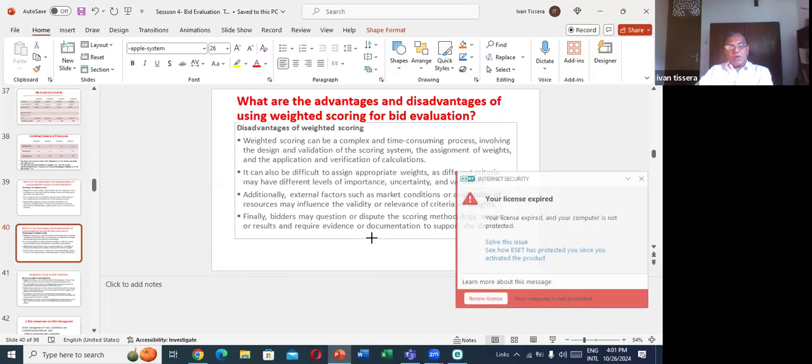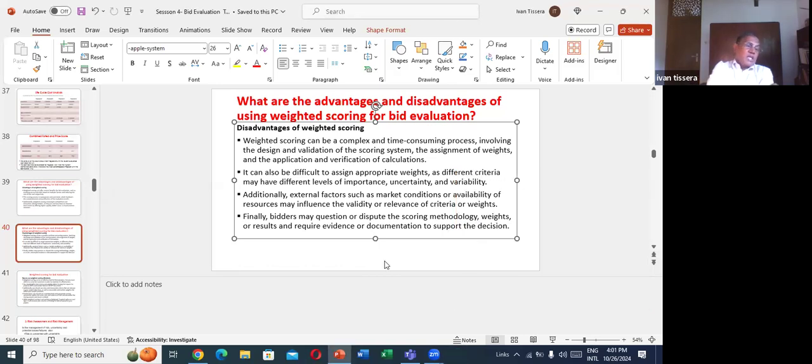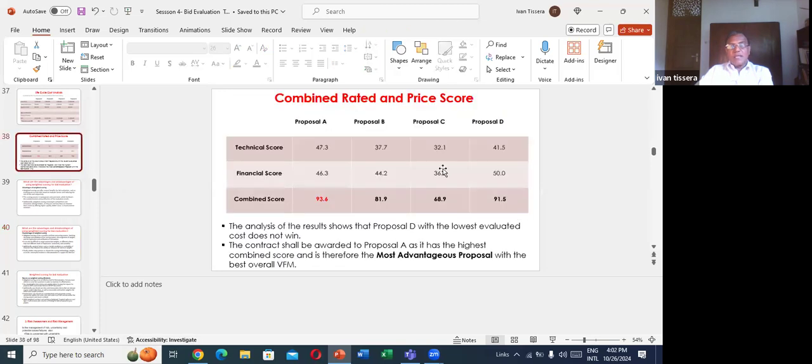But that is also not very difficult, because there is no subjective judgment once we disclose the criteria and sub-criteria. Even if a bidder asks how I got only 32.2 marks for price and something like that, the table shows it.